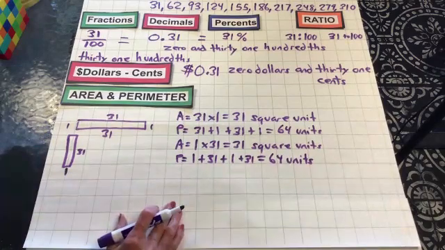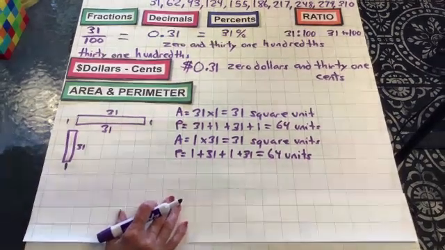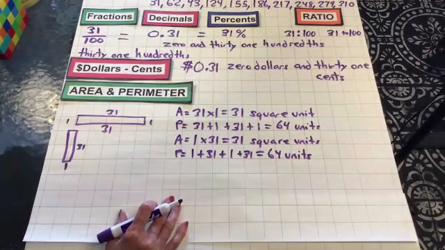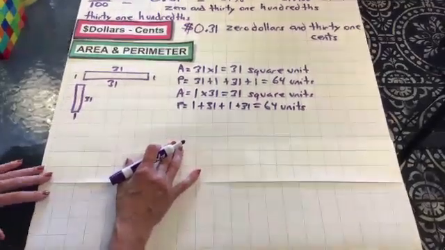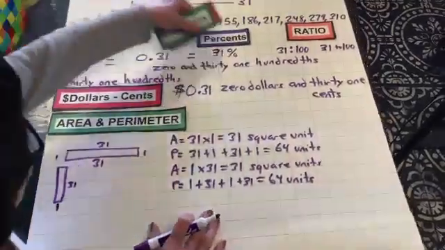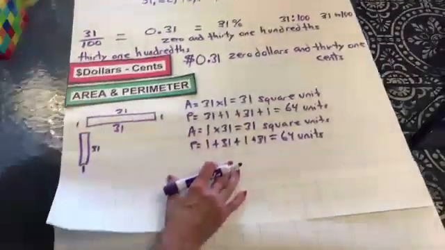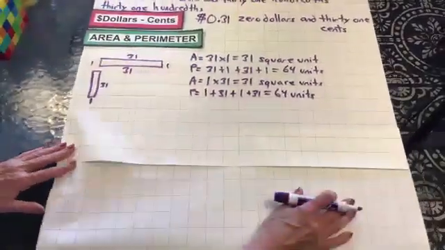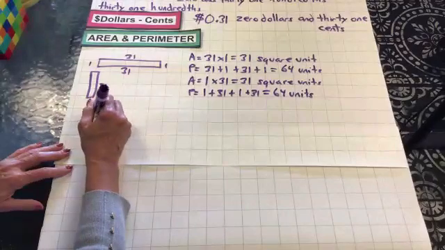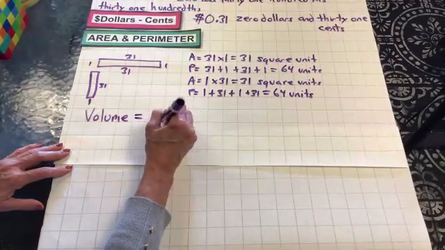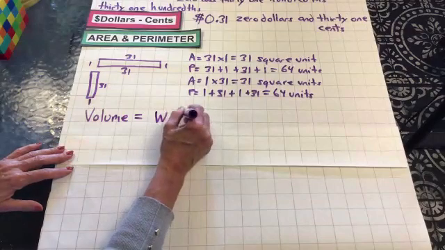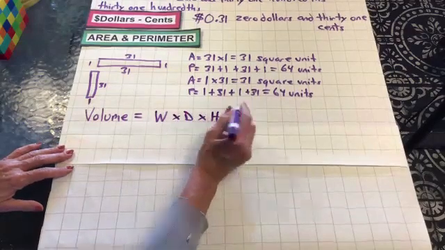All right, we're all the way to volume. Let me find my volume card here. Somehow it's disappeared. I bet I dropped it on the floor. So volume equals width times depth times height.